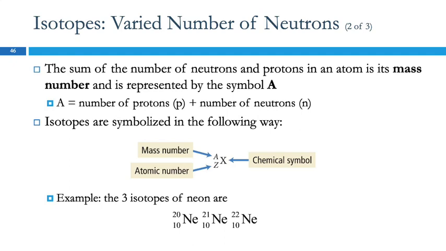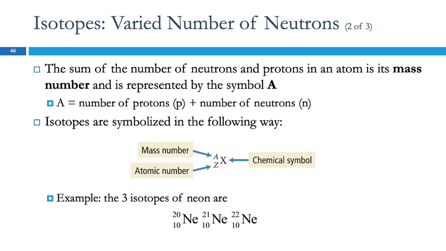So we can symbolize the different isotopes of an element using a symbol that follows this pattern. So here, this capital X, that's the chemical symbol, like Ne for neon. And then we have a superscript and a subscript to the left of the chemical symbol. On top is what's called the mass number.